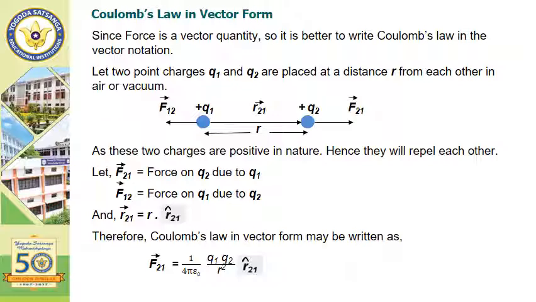Therefore Coulomb's law in vector form may be written as F21 equals 1 upon 4 pi epsilon naught Q1 Q2 upon r square, which is nothing but the magnitude of that force, into the unit vector r21. We implemented this unit vector for showing the vector notation of Coulomb's law.